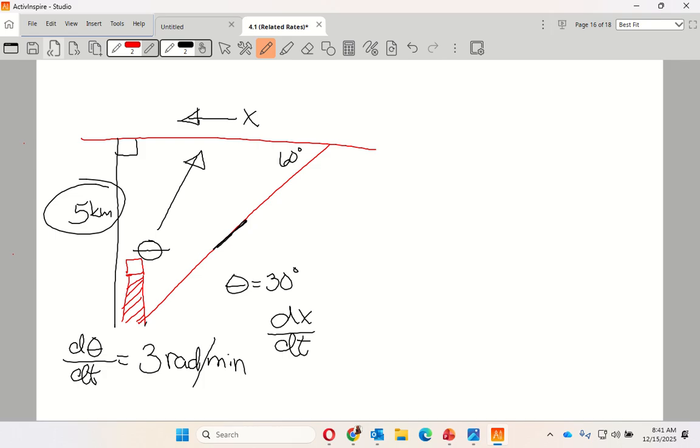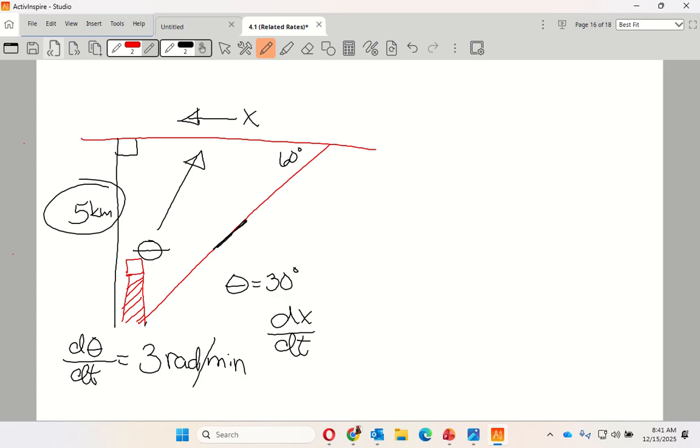So I know my problem has to have two things in it. It has to have the theta in it, and it has to have this x in it. Since these two things have to be in my problem, they're going to be variables. And if they're variables, then I'm going to get a d theta dt and a dx dt. That's why, looking at these, I know I need to have those in my problem.